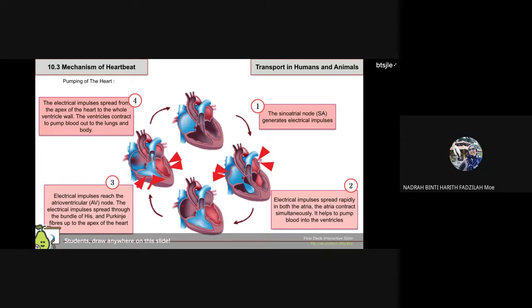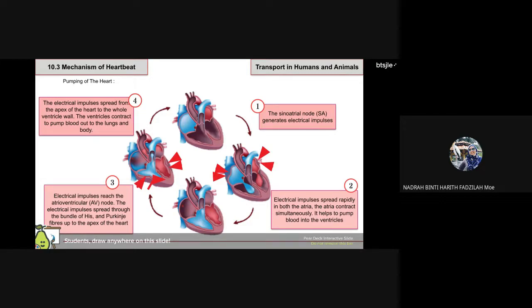Maknanya electrical impulse turun ke bundle of His, turun ke Purkinje fiber, baru ventricle will start to contract dari muncung sampai ke arah atas. So this will ensure blood will be pushed from the bottom atau from the apex of the heart upwards masuk ke dalam pulmonary artery and aorta.